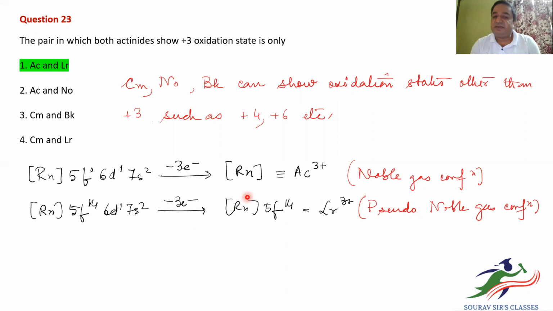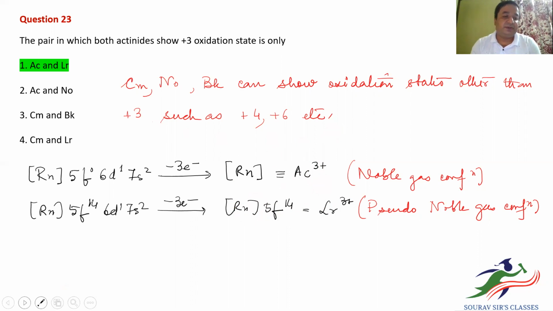Now this has radon along with 5f14, so this is completely filled. Because of this, one has noble gas configuration and the other has an almost pseudo noble gas configuration, so these are going to show the +3 oxidation state for these reasons. I hope that explains this question.